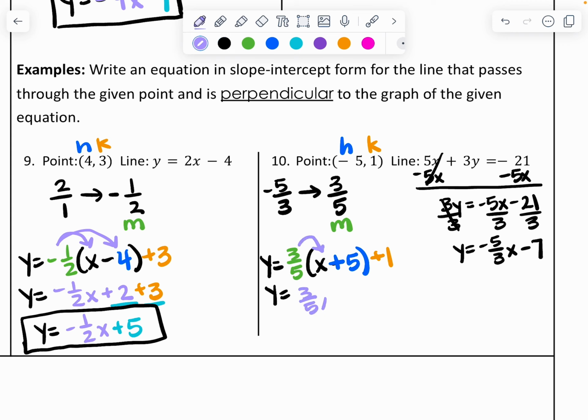Three over 5x plus 3 plus 1. Combine like terms. The equation of the perpendicular line is 3 over 5x plus 4.